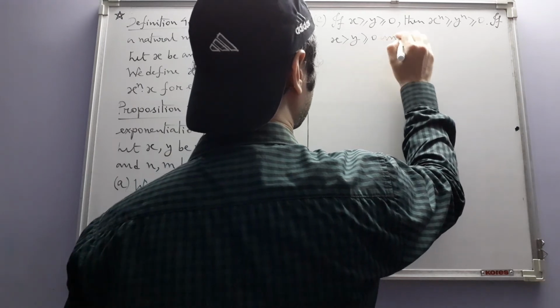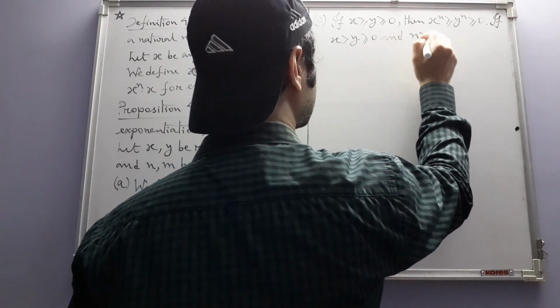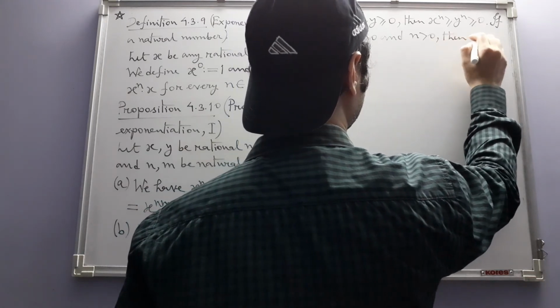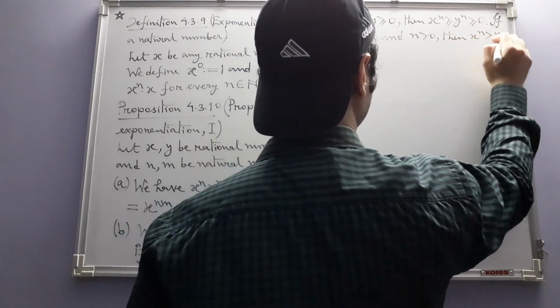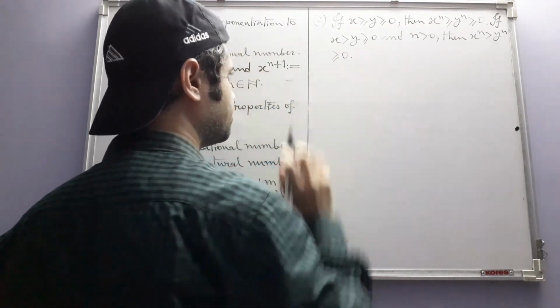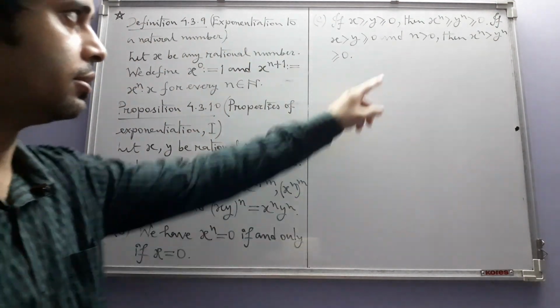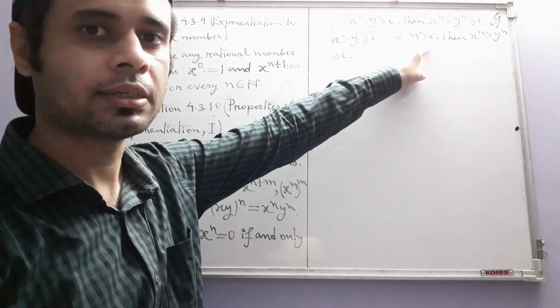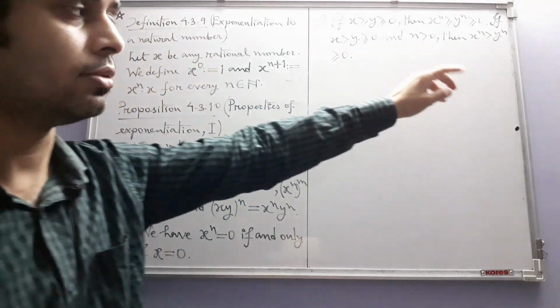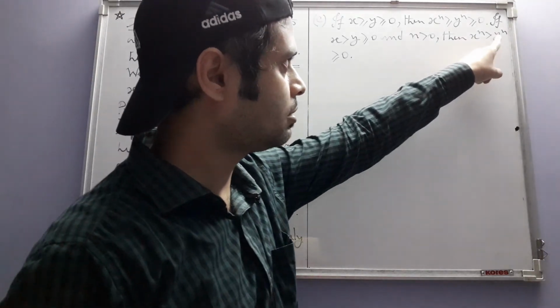And n is greater than 0, then x to the power n is strictly greater than y to the power n, and this is greater than or equal to 0. The reason for this extra n greater than 0 is because if you have n equal to 0, then this is 1, this is also 1.